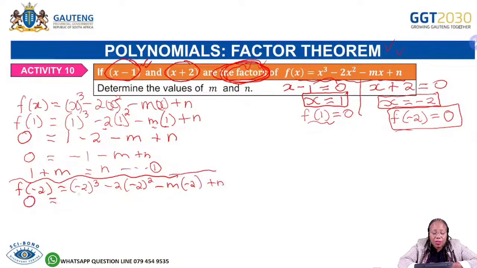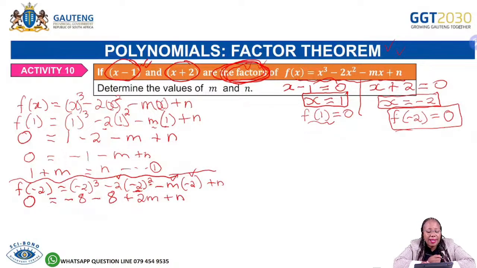Minus 2 cubed is minus 8. Negative 8, grade 12. Negative 2 squared is a positive 4. Positive 4 times negative 2, negative 8. Negative m times negative 2, positive 2m plus n. But remember, n is given as 1 plus m there.